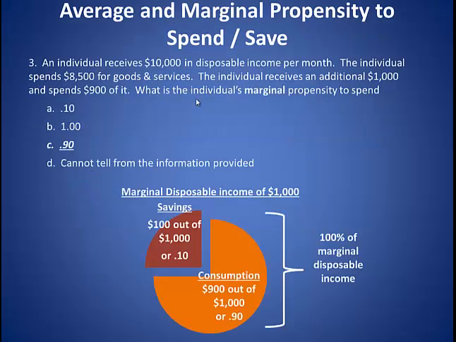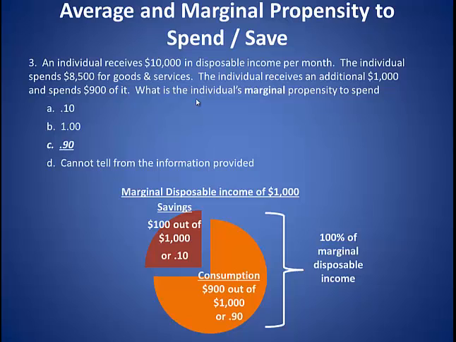Okay, in this case, the answer is 90%, or 0.90, C. If you take a look at it this way, we had an average propensity to consume of $8,500 per month.